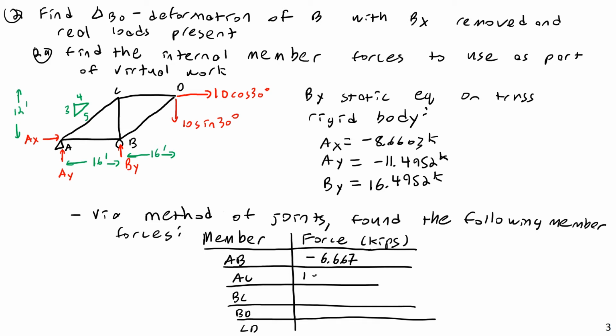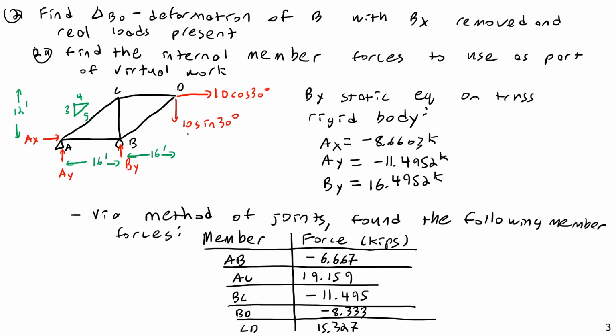AC, I found 19.159 kips. BC, I found negative 11.495 kips. And BD, negative 8.333 kips, 3 repeating. And CD, I found 15.327 kips. Again, in step 2A, I'm finding the internal member forces due to the real loads without B present.